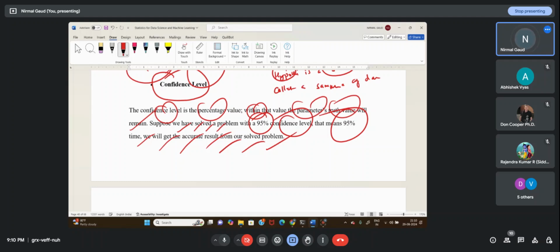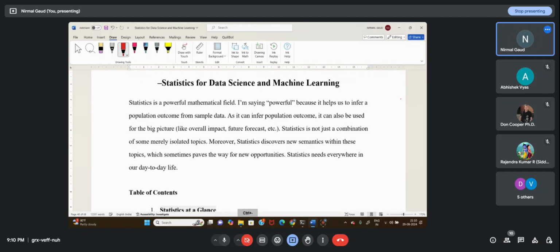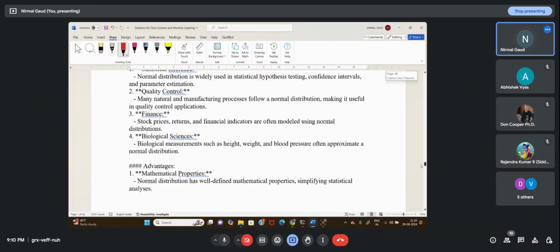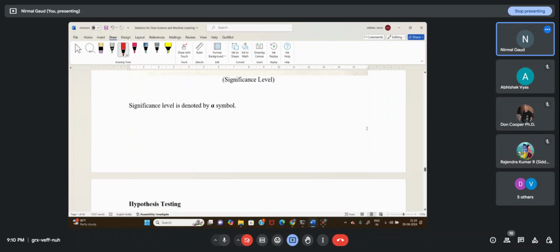Okay, now let me again give you an example. You are doing a survey, and according to the survey, you found that there is a strong justification in terms of security of women.